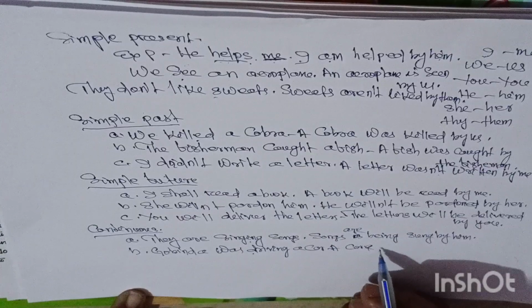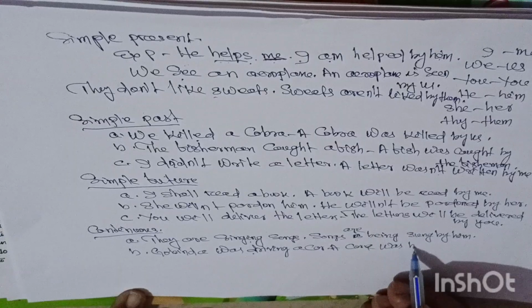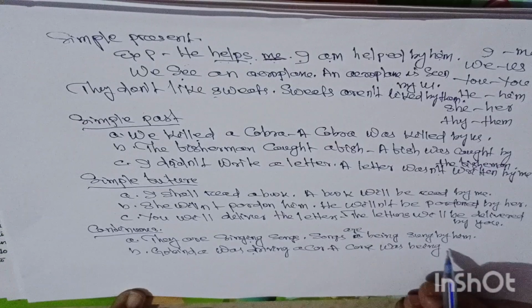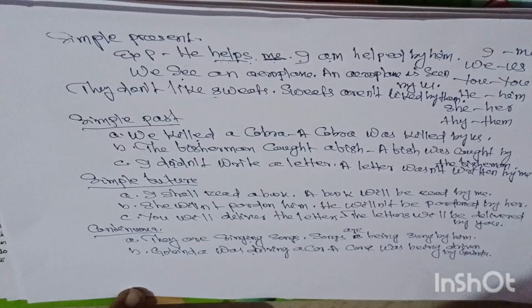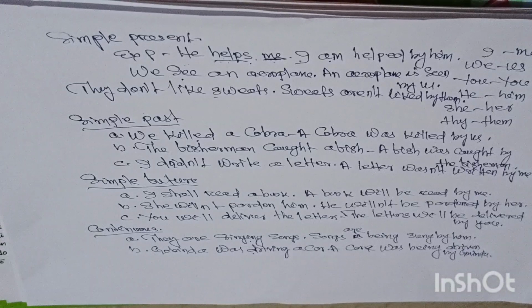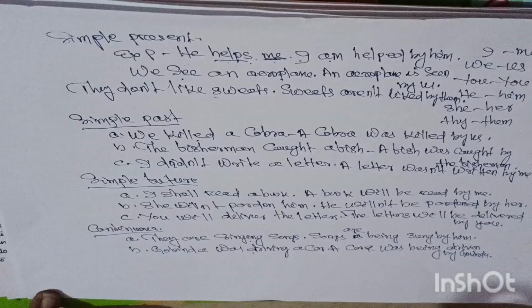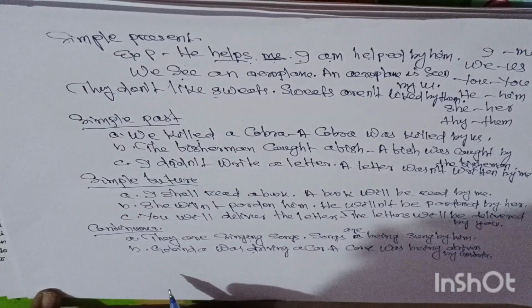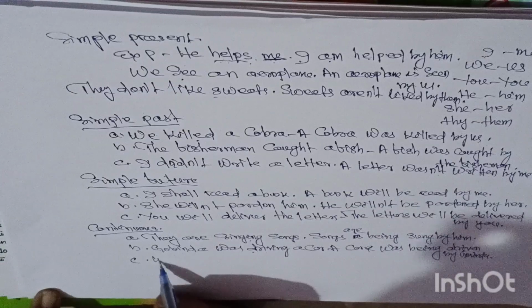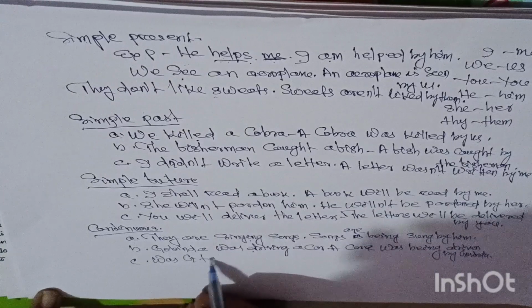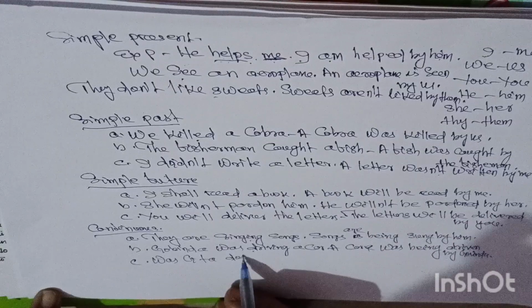A car was, then use being, then driving changes to driven, by Govinda. As it is in past continuous, it uses the past continuous auxiliary verb, then add being, then change the verb into past participle. That is in past continuous. In a similar way, the other example is Gita was doing the song.